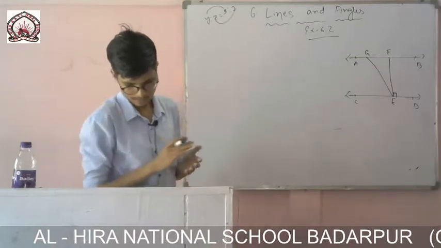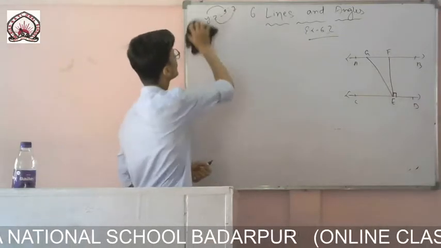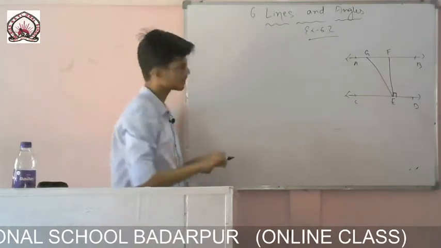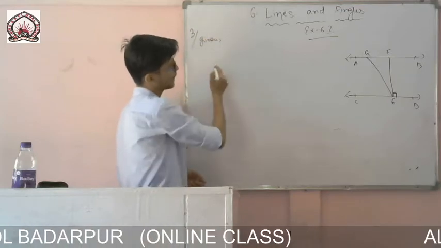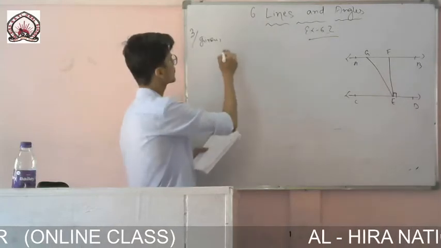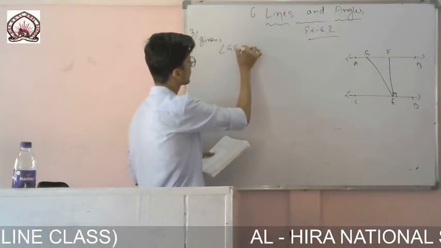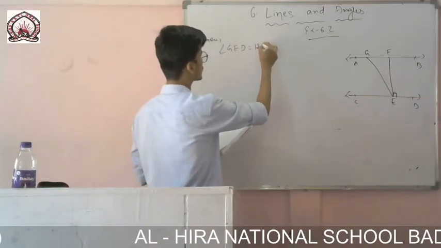First of all let me write the given: angle GED is equal to 126 degrees.